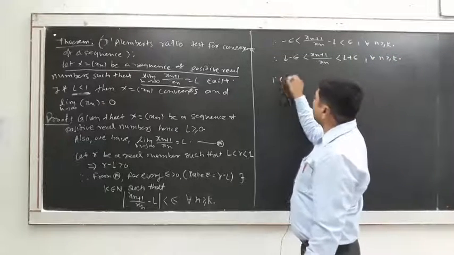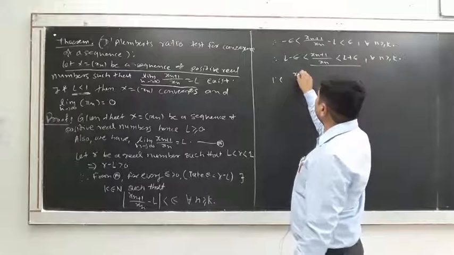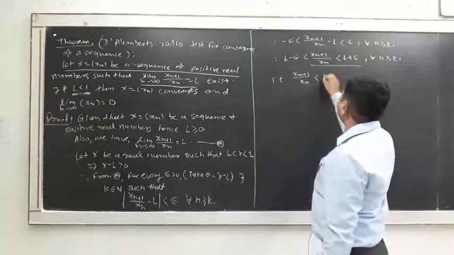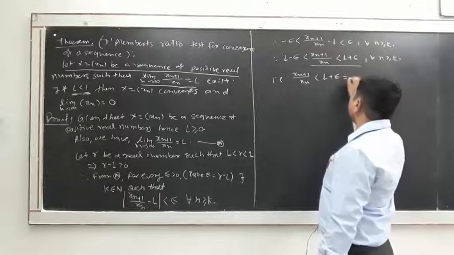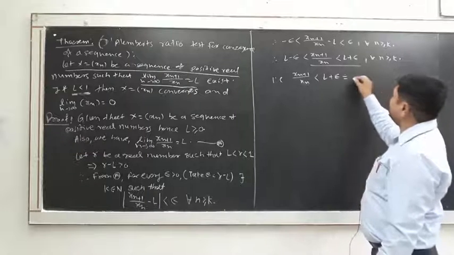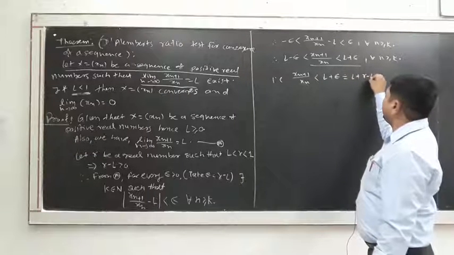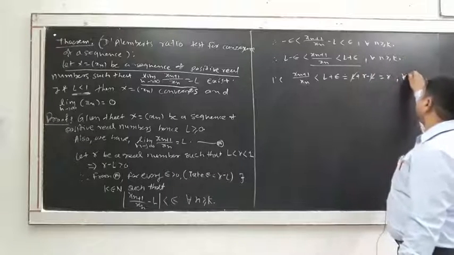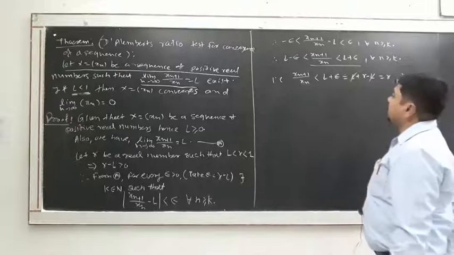Just consider these two terms: xn+1 upon xn is less than L plus epsilon, and we have taken epsilon as r minus L. The L terms get cancelled and this is equal to r for all n greater than or equal to k.